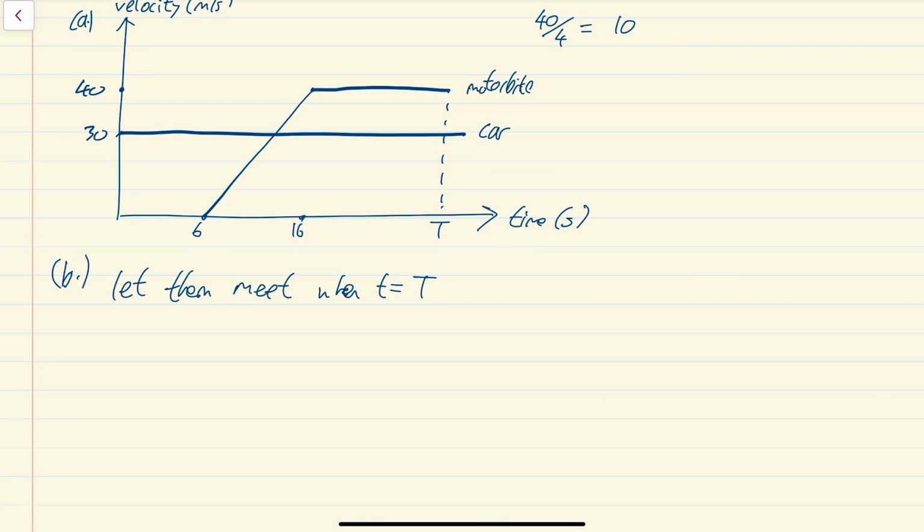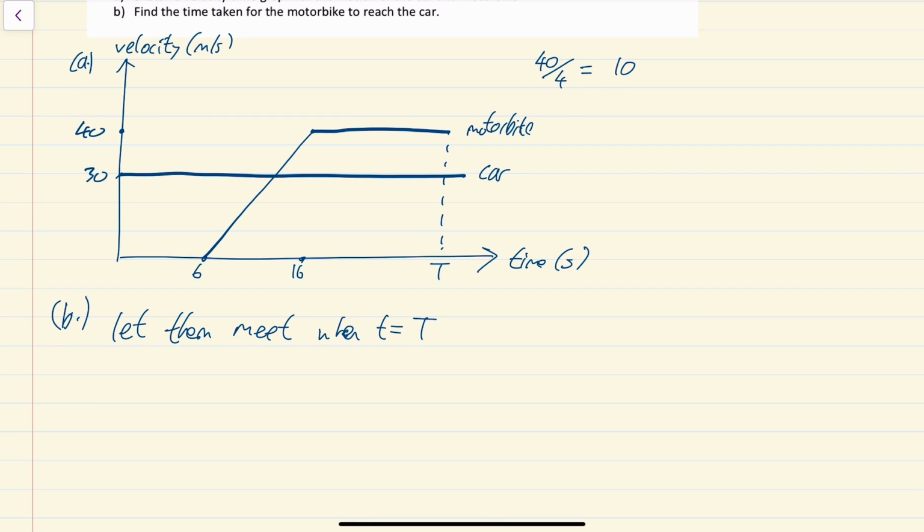Okay, so for the car's easy. For the car, the distance s, it's going at a constant speed, so s is equal to your speed, which is 30, times your time. And for the motorbike, not so easy.